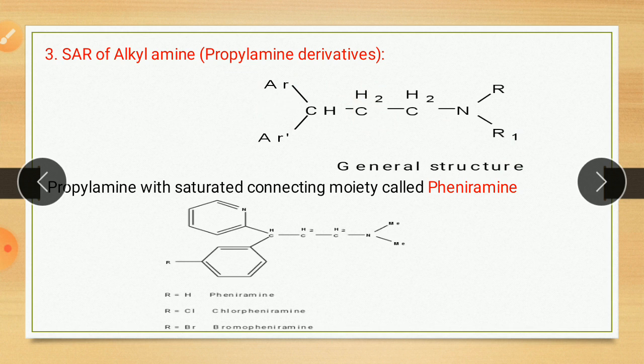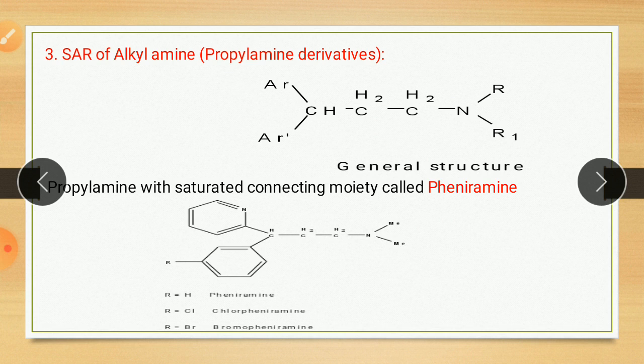Those propylamines with a saturated carbon connecting moiety are commonly called pheniramines. When it is sp3 hybridized, meaning it is saturated, then it is called pheniramine. All of the pheniramines consist of phenyl and 2-pyridyl aryl groups and a terminal dimethylamino moiety.